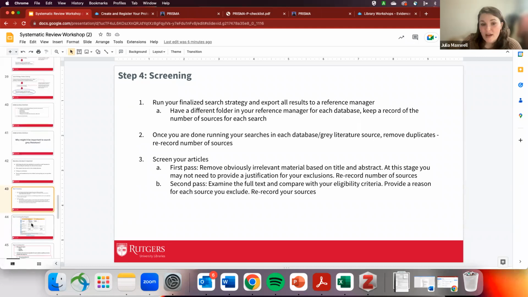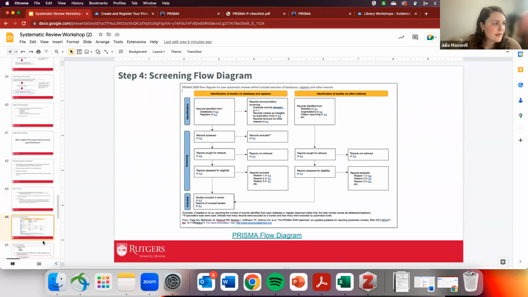And then you report all of that in your review in a nifty looking flow diagram that looks like this. You can see that this is really detailed. This is from PRISMA again, and I think they have a template so you could just type in your numbers. We can see it's records from each database, records that were screened, records that were sought for retrieval.